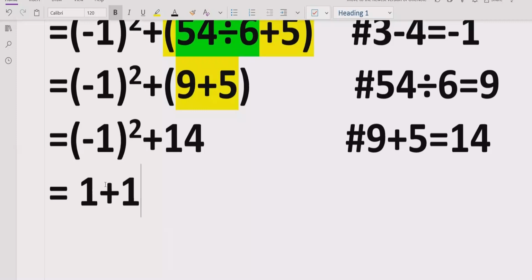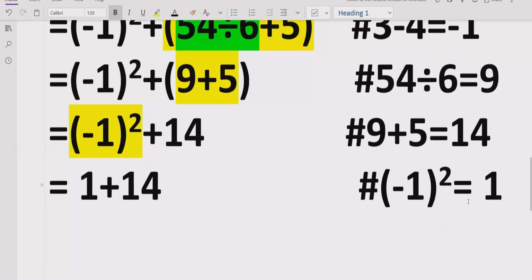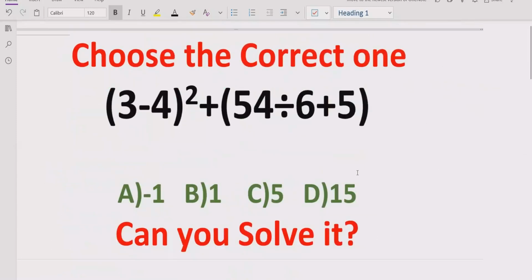And plus 14, we will write here as it is. And here we give the reference: minus 1 squared equals 1. Now we have two terms which are adding each other, so we will add both of them and get the answer 15. So the answer of the given expression is 15. If you see the answer list, answer D is the correct answer of this expression.